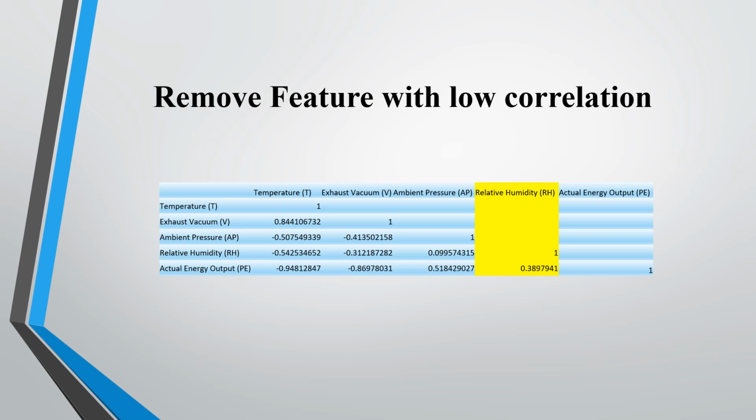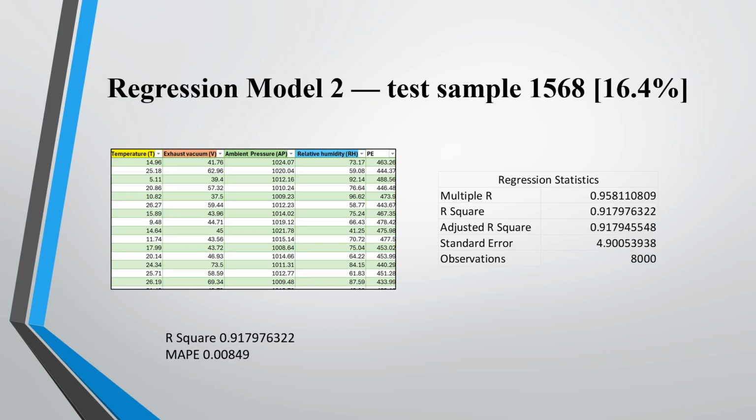So then I decided to create a second model omitting that feature, and the output of that test using the same test sample resulted in an R square of 0.917 and a mean absolute percentage error of 0.00849. So slightly less accurate in this model. So I decided that my initial test using all of the features available was the best approach for this with a multiple linear regression model.